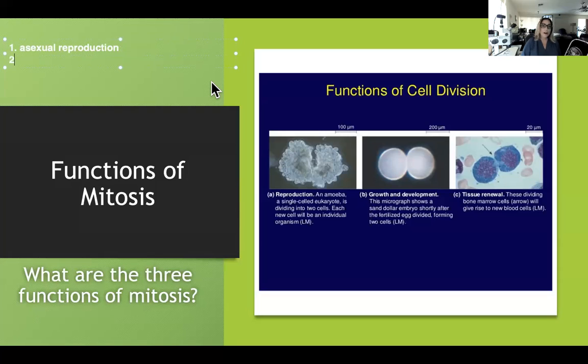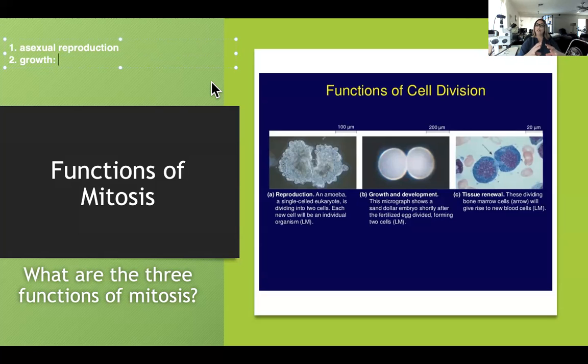Now, the next function of mitosis, it says growth and development. And what I mean by growth and development is cells are added to a multicellular organism so that it grows, right? Like take humans, for instance. We start out as a zygote right after fertilization with egg and sperm.